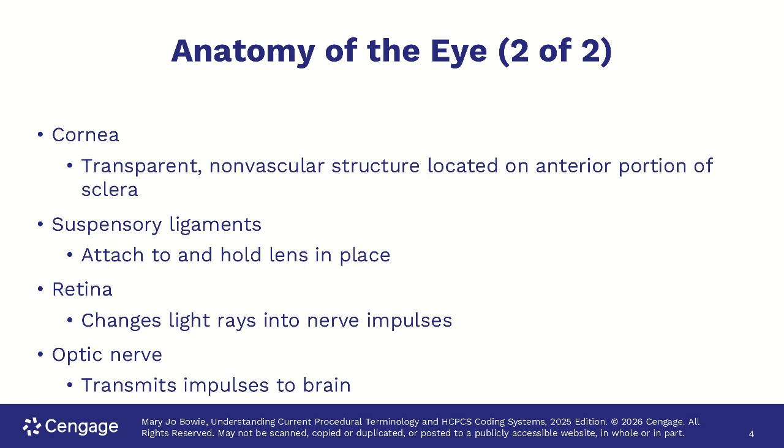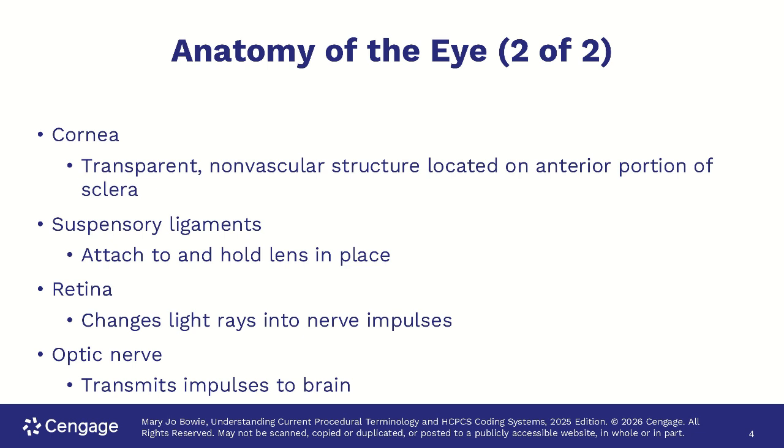So I talked about the iris. The structures that are responsible for adjusting the lens are the ciliary body and muscle. Attached to the ciliary body and muscle are the suspensory ligaments, which are attached to the lens and hold it in place.